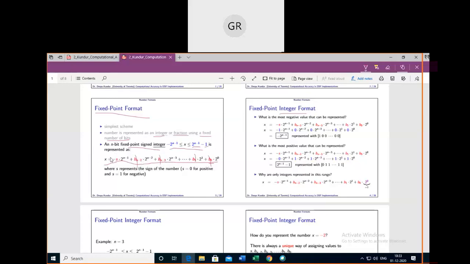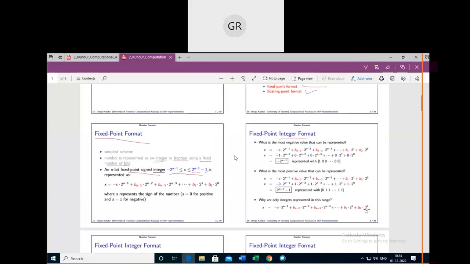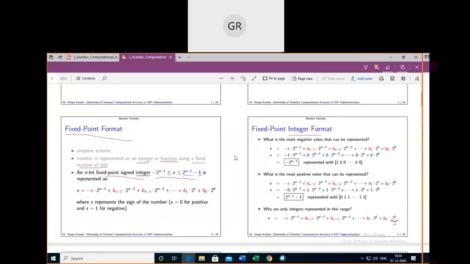And what is s here? s represents the sign of the number.